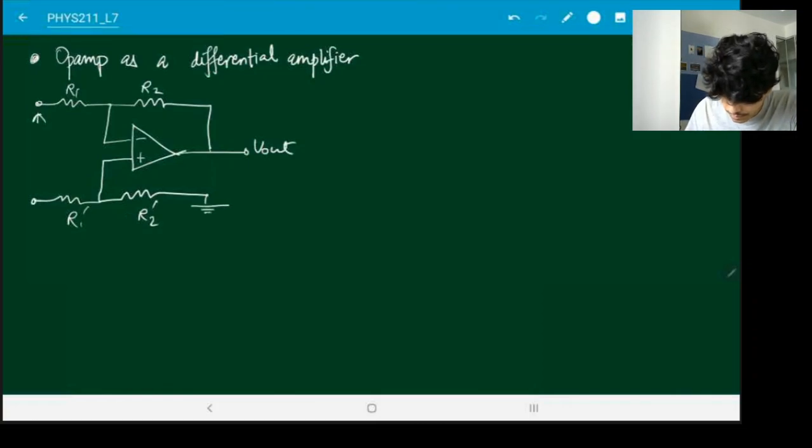So the input is applied between these two terminals, and the output is measured over here. So what this op-amp does is it amplifies the signal that is applied between these 2 points. The gain, you can do an analysis of this exactly as we have done before, and you will see that the gain is minus R2 divided by R1.